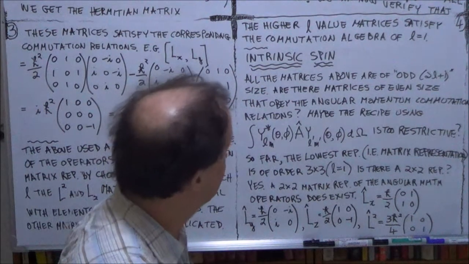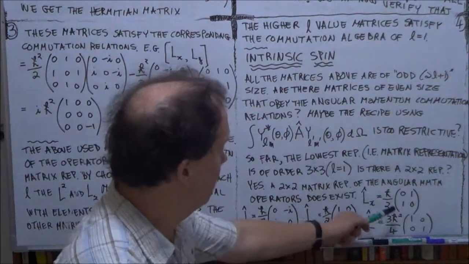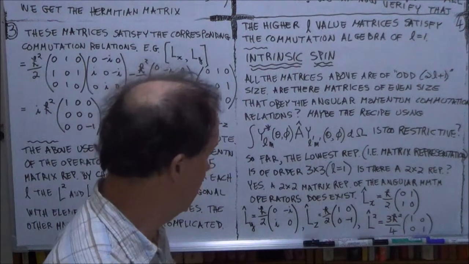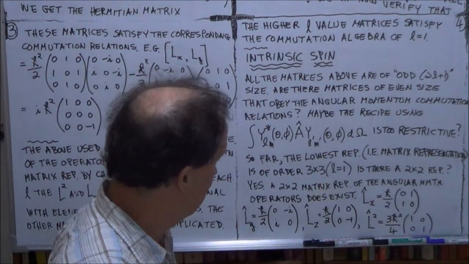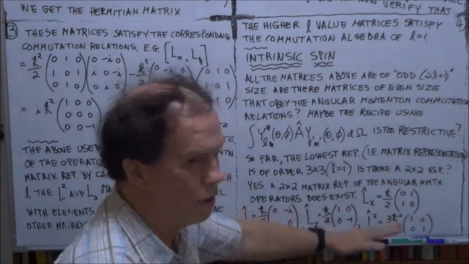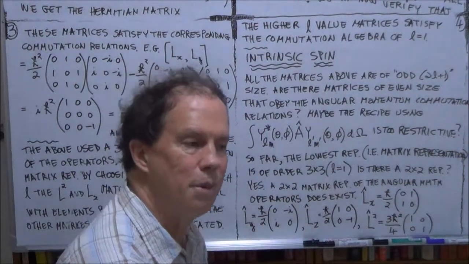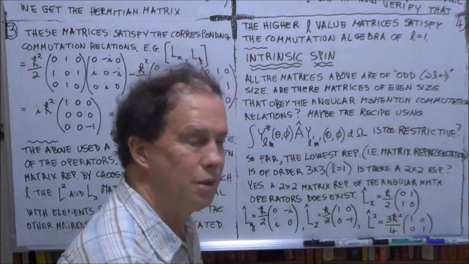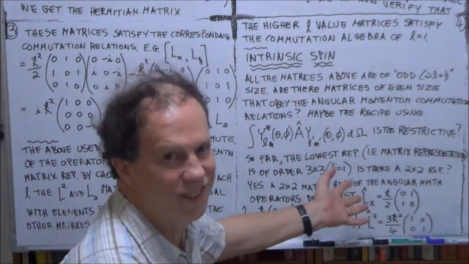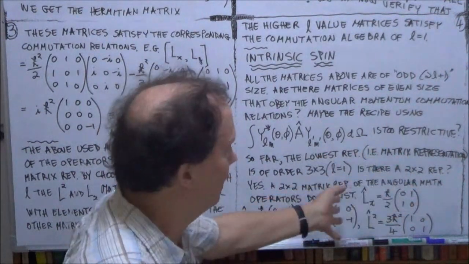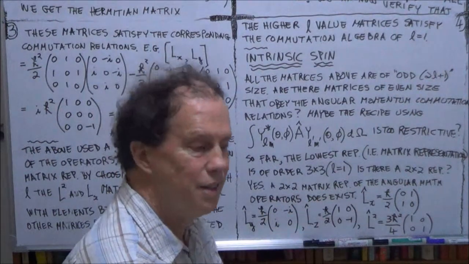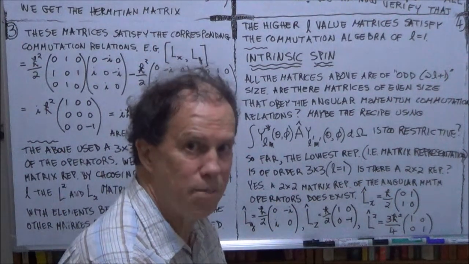Now, starting with this, we can do a lot. And why talk about all this? What's the point of talking about even-sized matrix representations? Well, given the context and where we're going, this is a lead-in to the notion of spin.